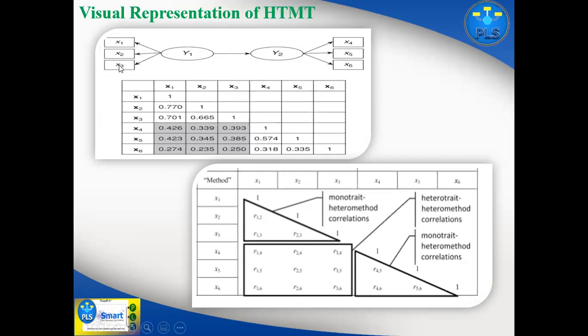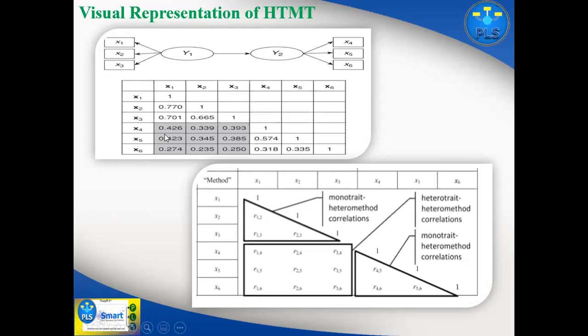And by definition, items of reflective models should be highly correlated. In this case, the number here should be higher than what is in black. What is in black is telling you the relationship between X1 and X4, or between X2 and X4.